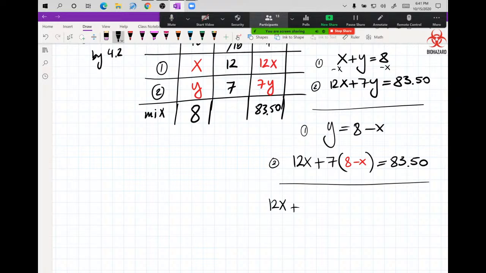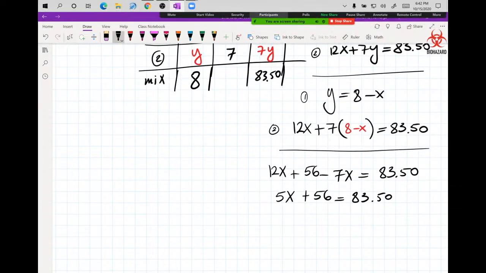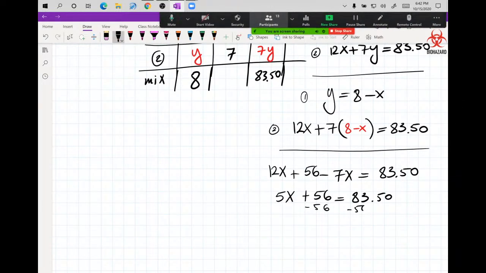12x plus 56 minus 7x is equal to 83.50. 12 minus 7 is 5x. Plus 56 equals 83.50. Minus 56 on both sides. 5x equals 27.50. There is still 50 on this side. That's a 7, and then we stole 1, so it's 27.